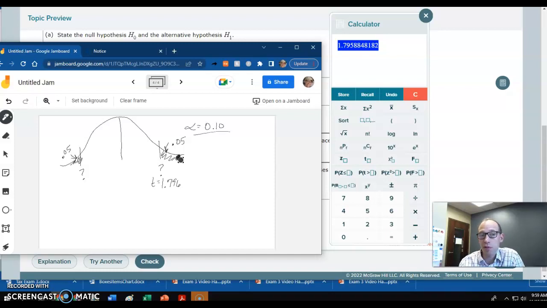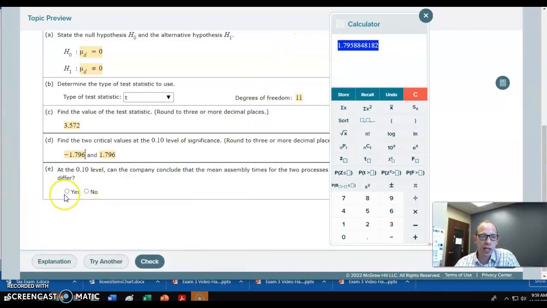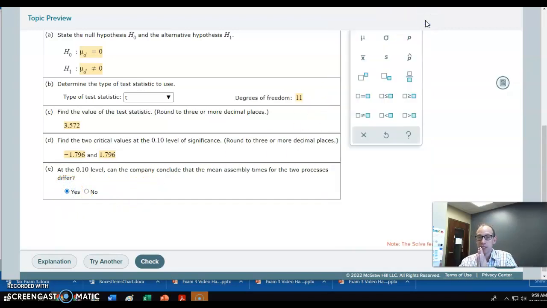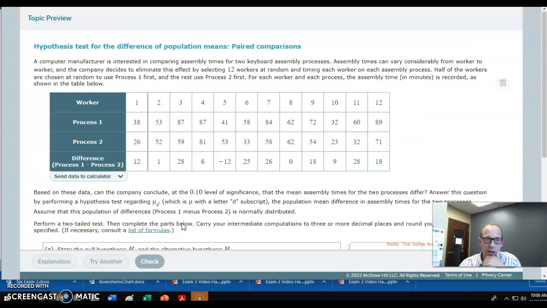This could also be if we were a strong negative number, if we were below negative 1.796, but we happen to be over here. And so we are in the rejection region. We do reject. It's statistically significant. Reject the null. We can conclude that the two processes differ because we're rejecting the null that they don't differ. And we can check all of that.